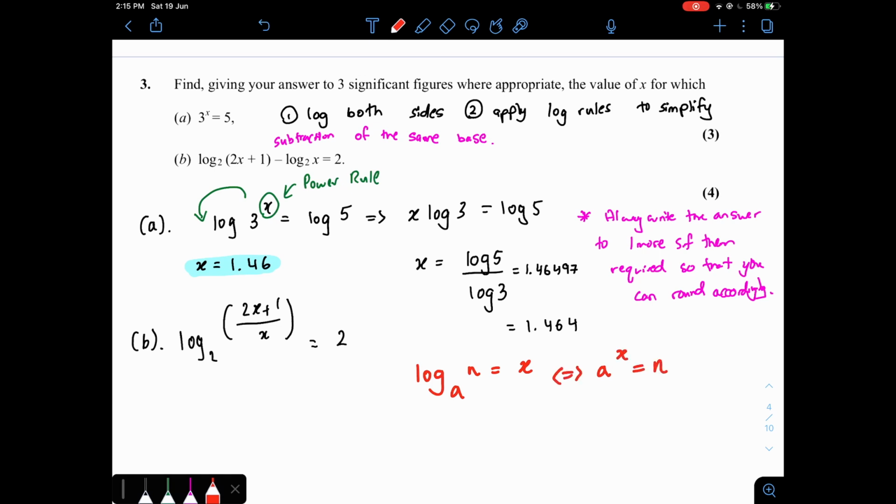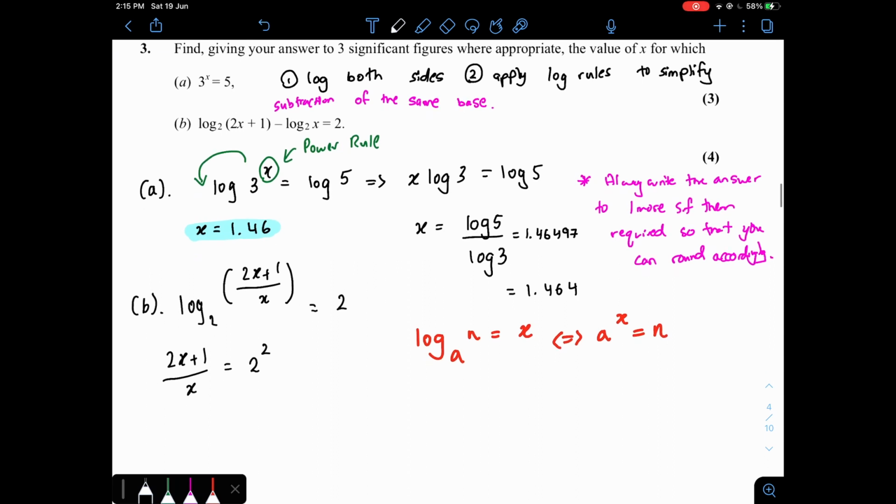So we can conclude that (2x + 1)/x equals 2 squared, so (2x + 1)/x equals 4. We multiply both sides by x. So that will be 2x + 1 equals 4x.